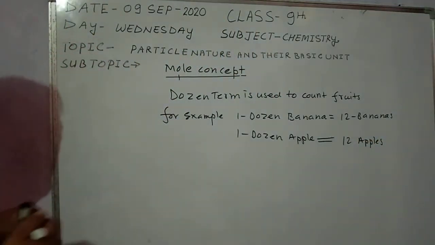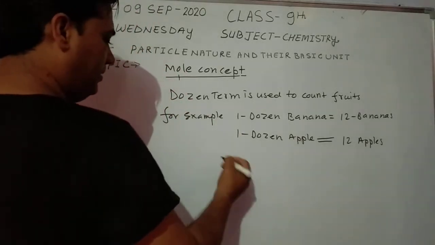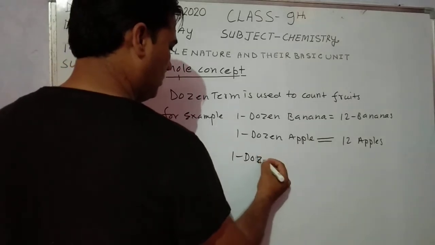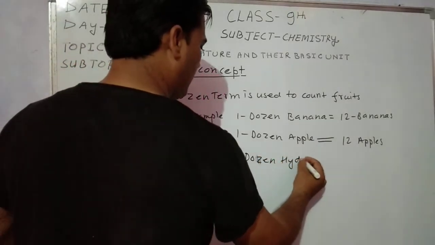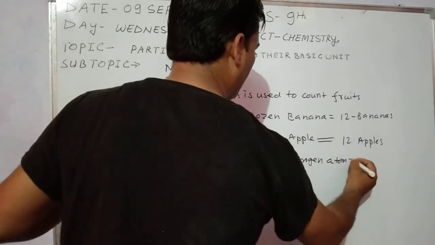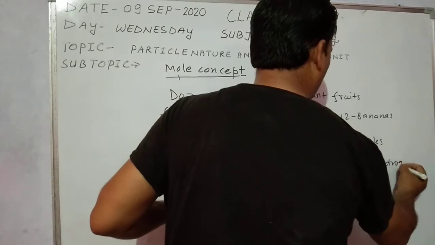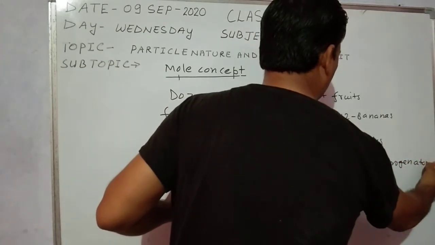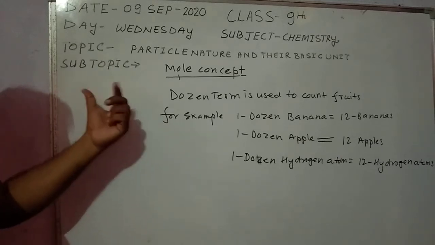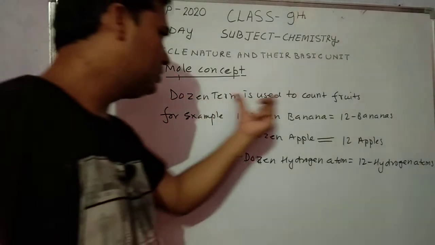So we can easily understand 1 dozen hydrogen atoms is equal to 12 hydrogen atoms. So the mole term is introduced to count atoms, molecules and ions, just like the dozen term is used to count fruits.